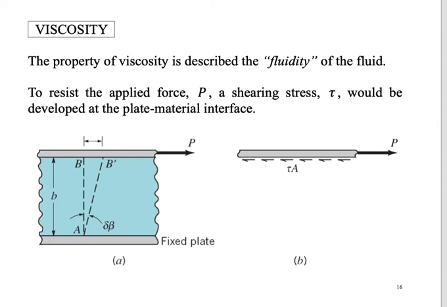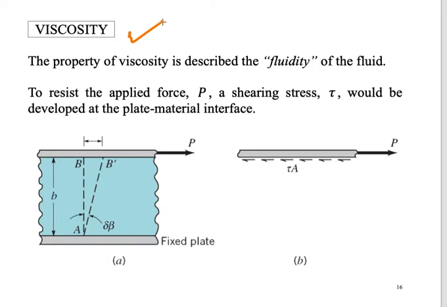This is the most important parameter in fluid, because density, specific weight, and specific gravity are common parameters for all elements. Solid, liquid and gas all have density, specific gravity and specific weight. However, viscosity is a very unique parameter, because viscosity only occurs in fluid.